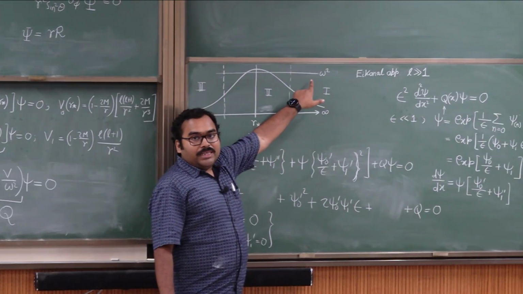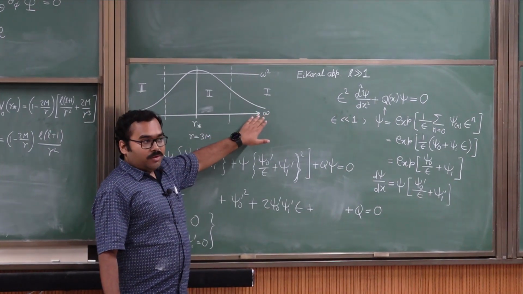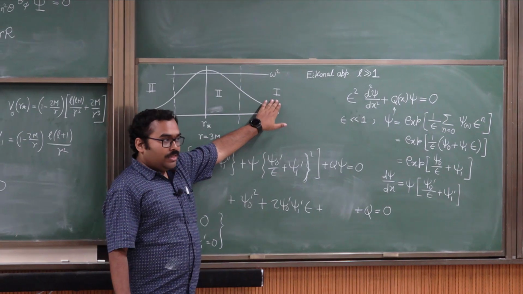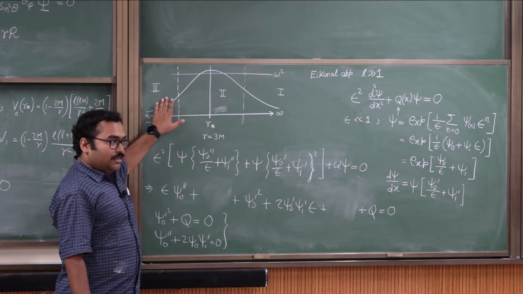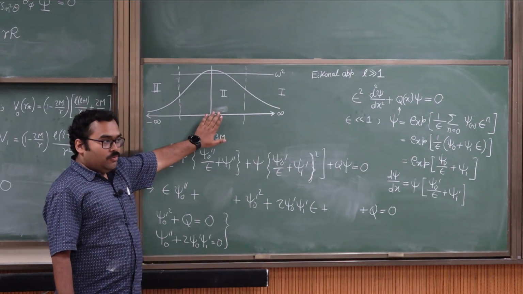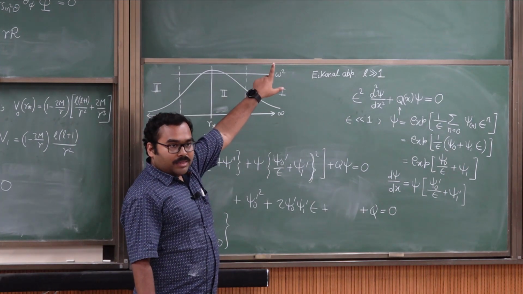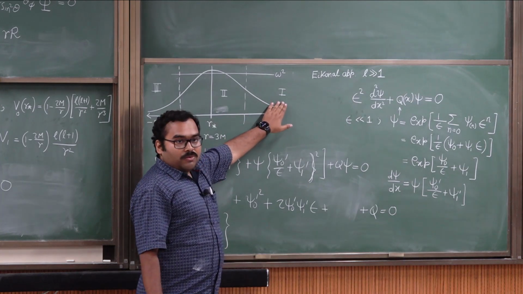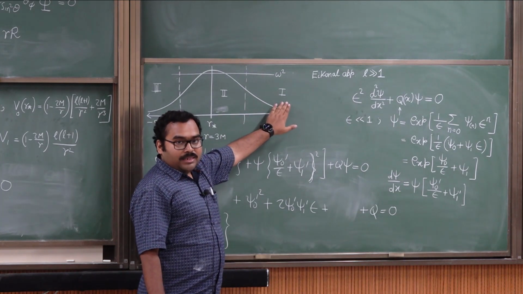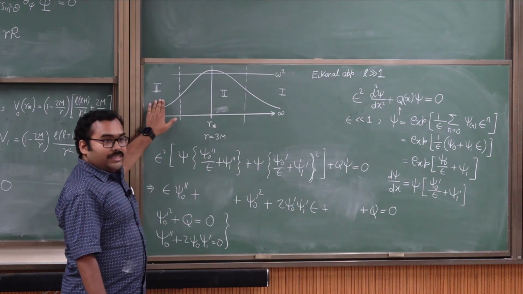That omega is very large compared to the typical value of the potential in region 1 as well as in region 3. This is not true in region 2. That means the solution that I have written above using the WKB method, I can use to write down the solution for psi in region 1 as well as in region 3.